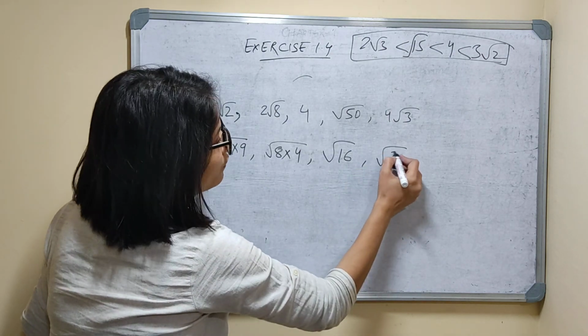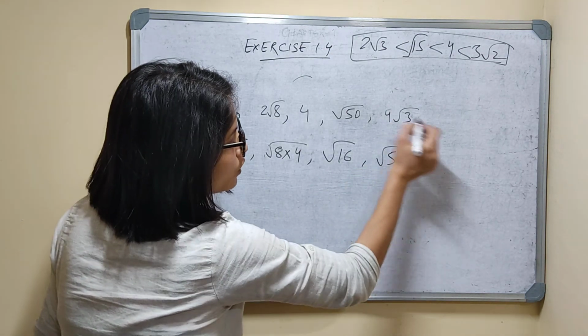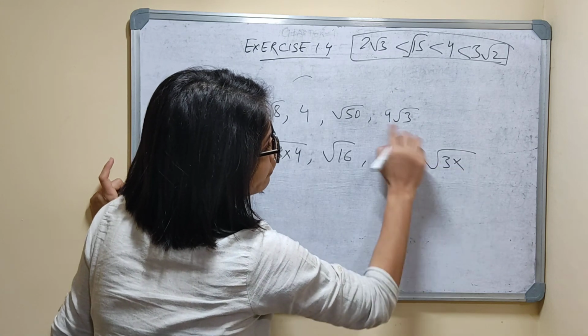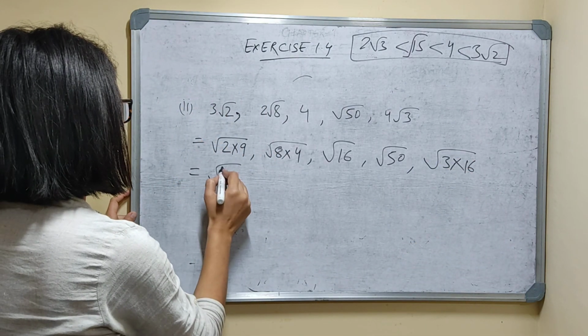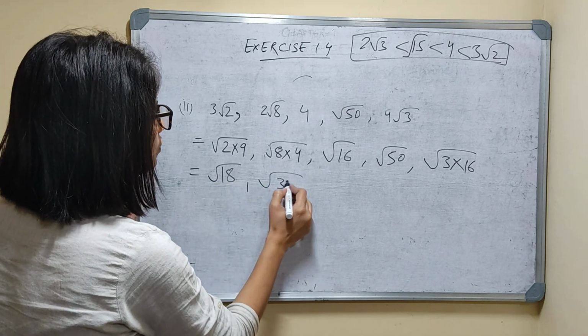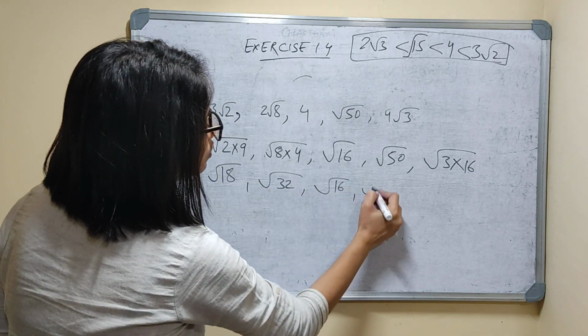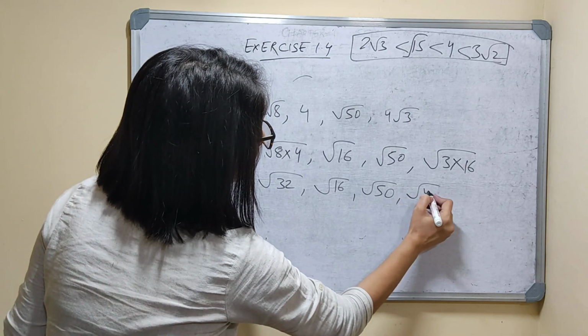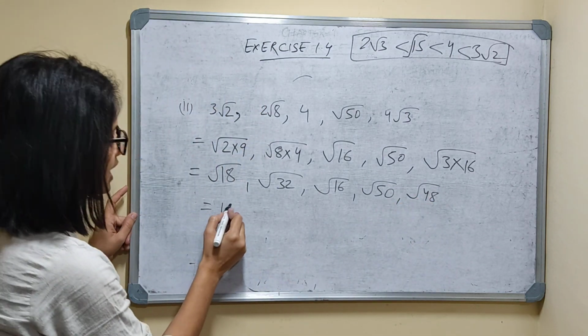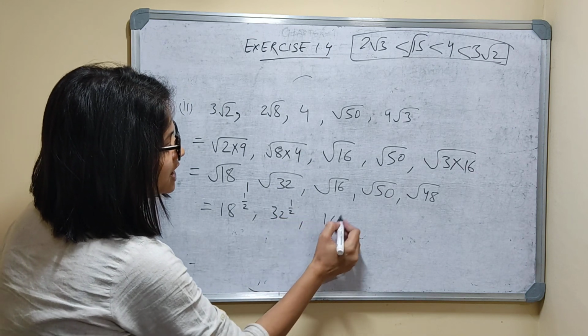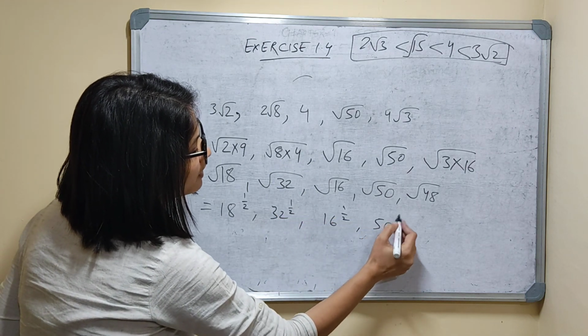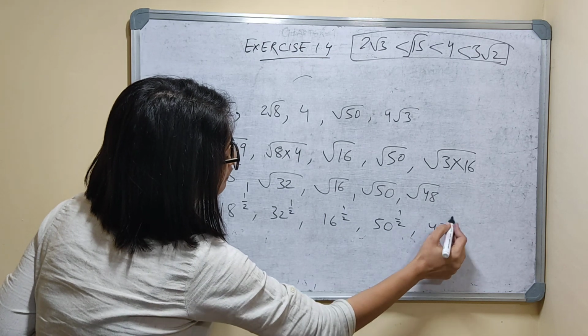Root 50 I can write root 50 only because already power 1 by 2. 4 root 3, I will write 3 into this 4 inside, so it will be 16, root 48. So root 18, root 32, root 16, root 50 and root 48. This is 18 power 1 by 2, 32 power 1 by 2, 16 power 1 by 2, 50 power 1 by 2 and 48 power 1 by 2.